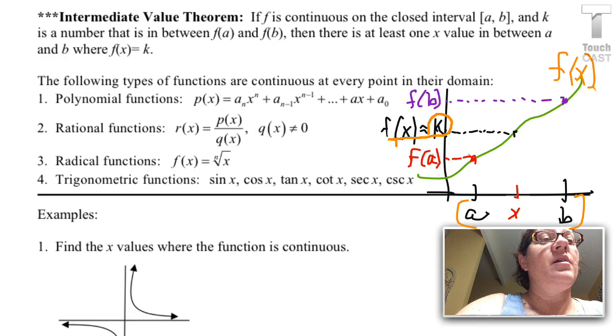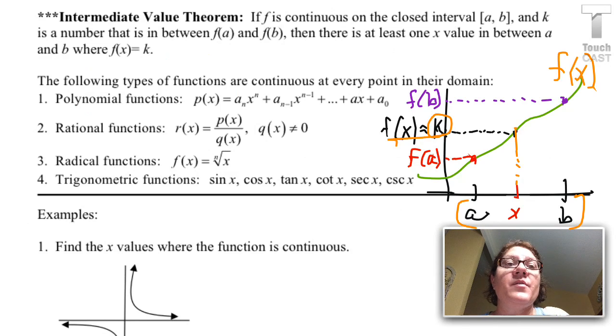So here's k, and it's in between the two y values. So f of a, f of b, those are the y values. And so what it says is, since it's continuous, there has to be some number between a and b that has that y value. That's what the intermediate value theorem says. So you have to know that.